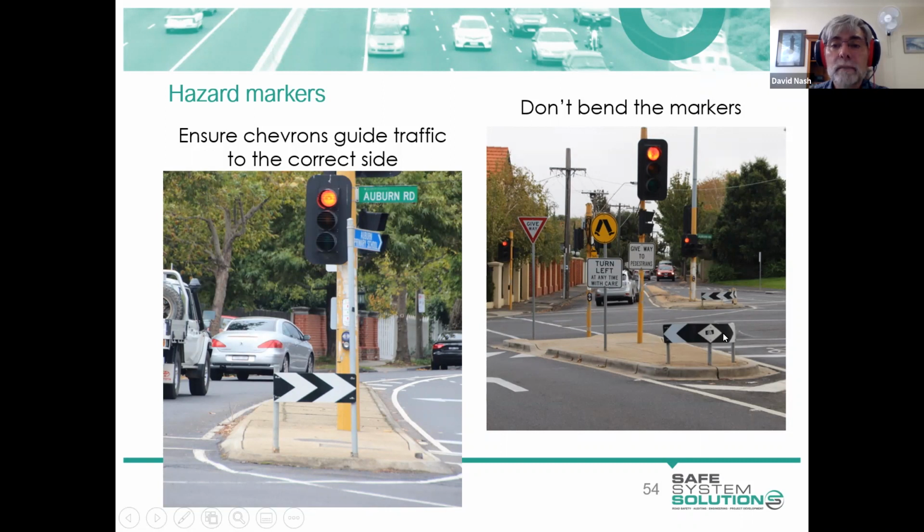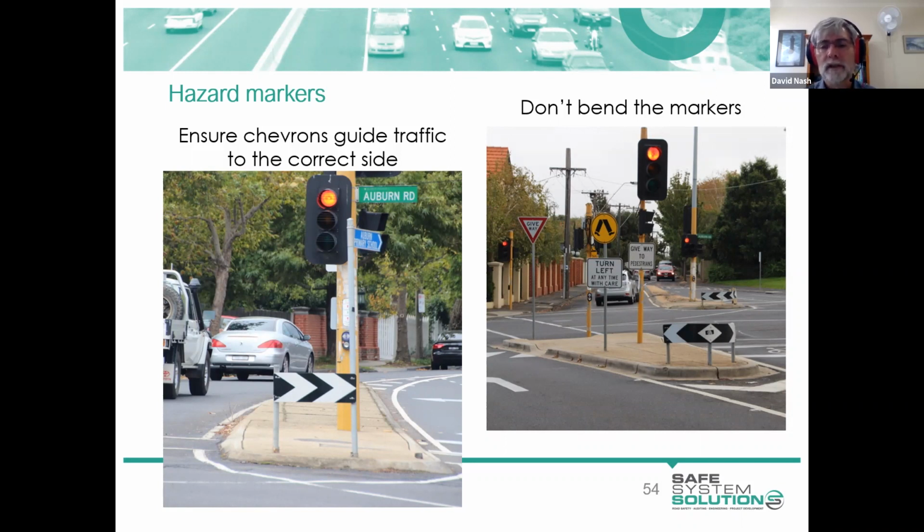And don't bend the markers. I don't know why this has sort of grown up as an idea, but the idea presumably is I want to mark where the nose of the island is, so therefore I'll put the sign as close to the nose of the island as I can, and because the nose bends around, I'm going to bend the sign as well so that it's sort of facing any direction you come from.